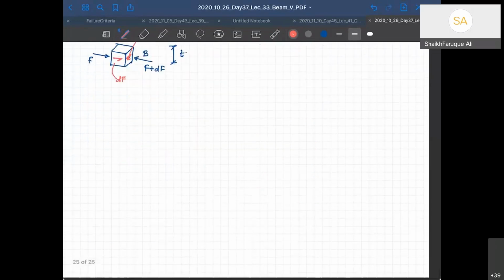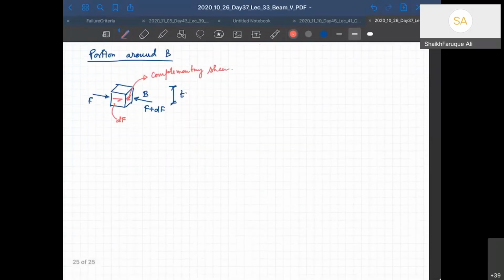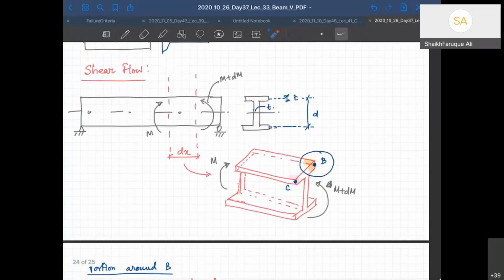Now, the shear that I drew here is acting on this surface. Okay, not surface, inside here. So at this boundary here.